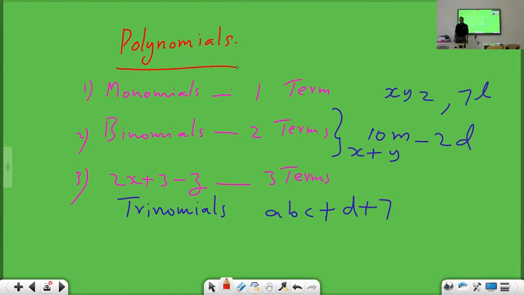Always confusion, I know. Poly means polygon, polygamy, like that, many things. But don't confuse in algebra. Monomial, one term. You know polygamy? More than one, I think so. Polygamy. Polygon, gun. What is that polygon? Very interesting. One more module is there. Polygon, not this gun.